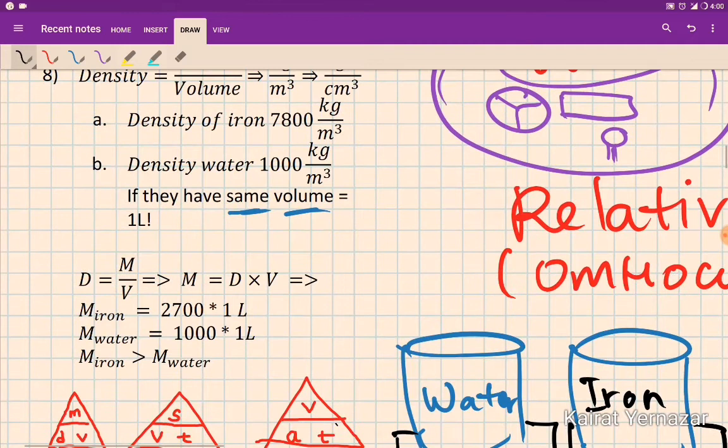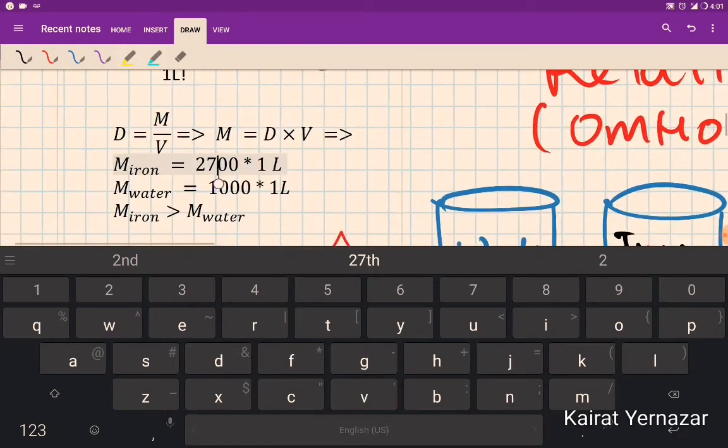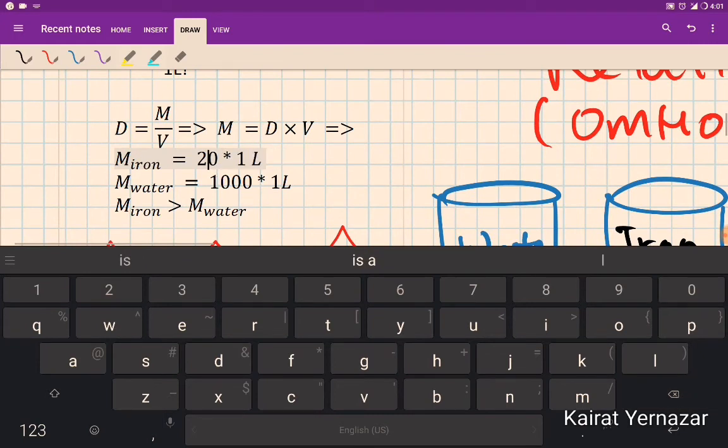So, oh, here is a mistake. It's supposed to be 7,800. Oh my god, what's going on? Gosh, there's some bug.